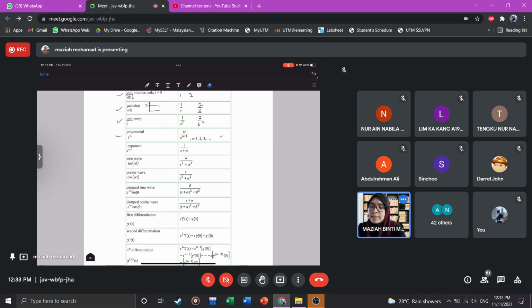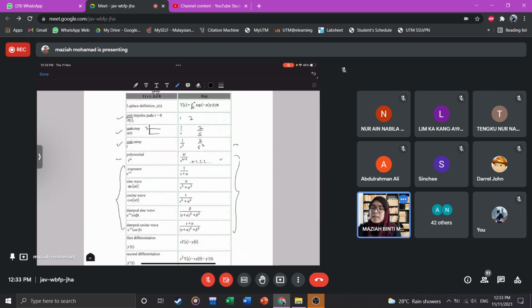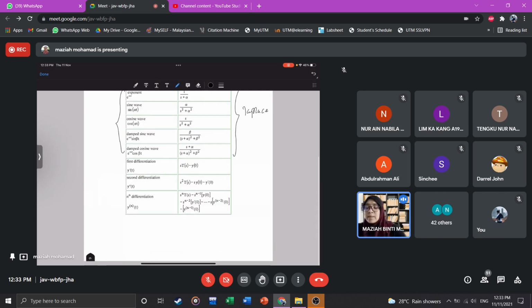So this side is for the time, and this side here is for Laplace. We are also going to use this table when we inverse from Laplace into time. So again we are going to refer to the same table.